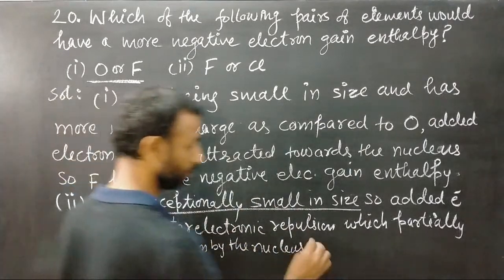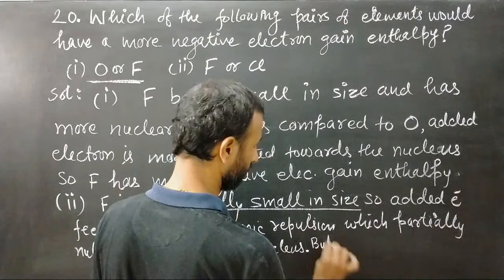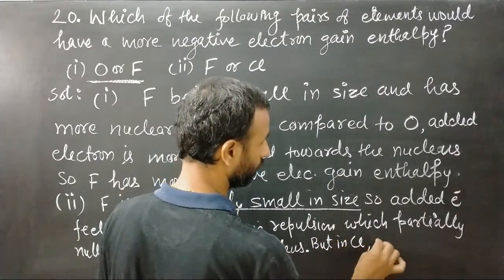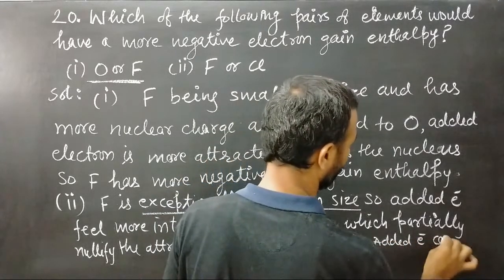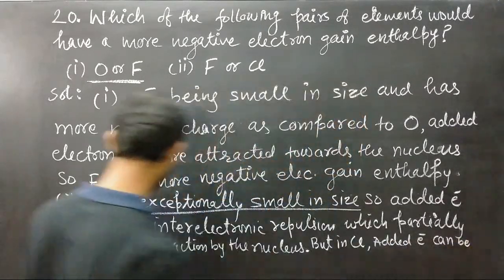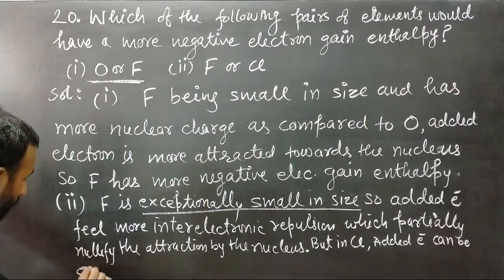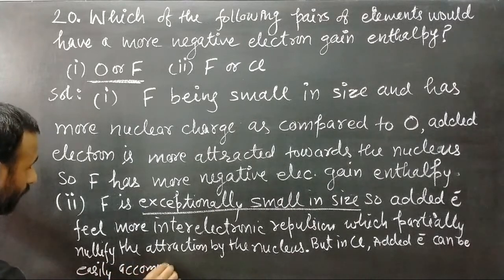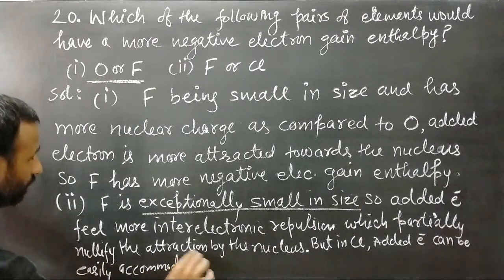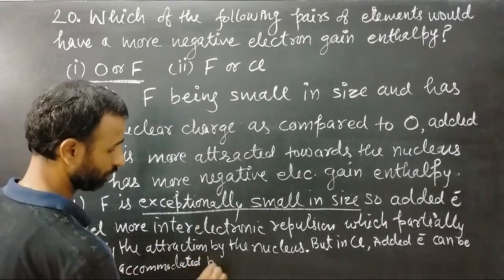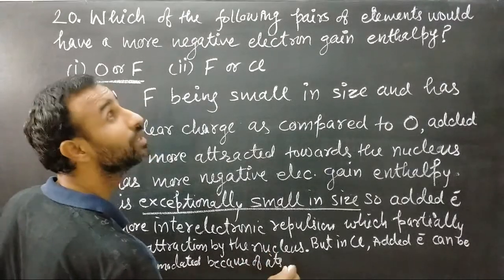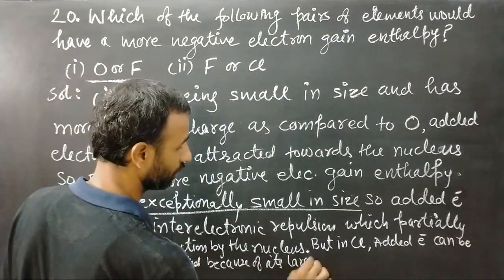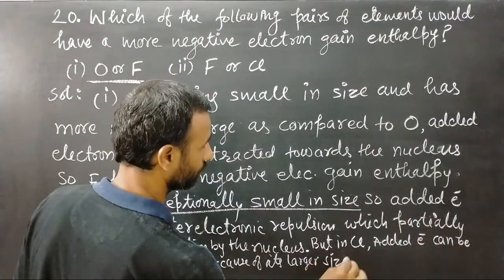But in chlorine, the added electron can be easily accommodated because of its larger size.